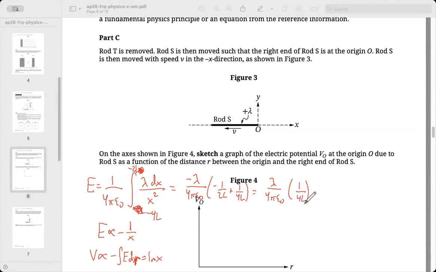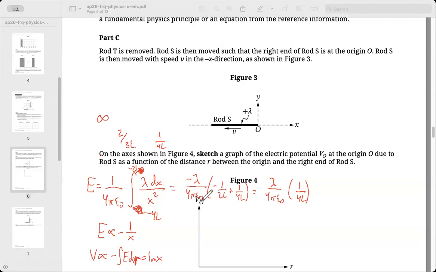Before, we found that it was going to be two-thirds, which means the electric field is getting smaller and smaller. You're going from an electric field of infinity to 2 over 3L to 1 over 4L.